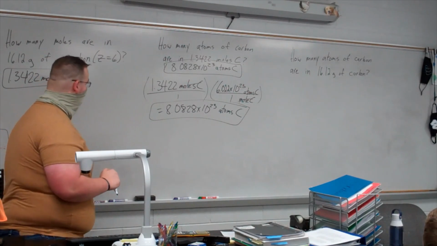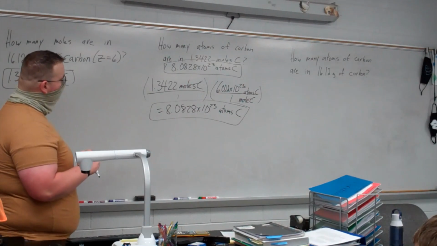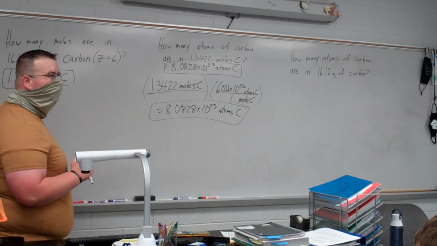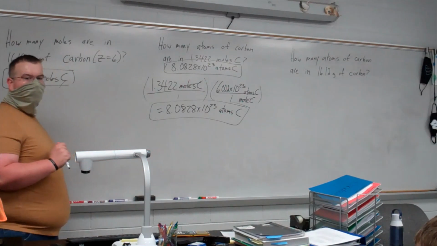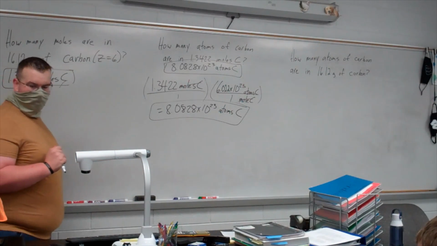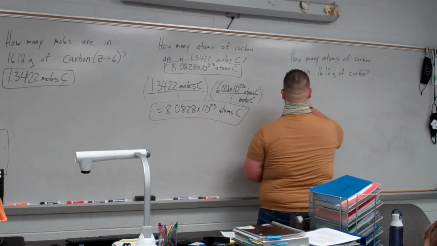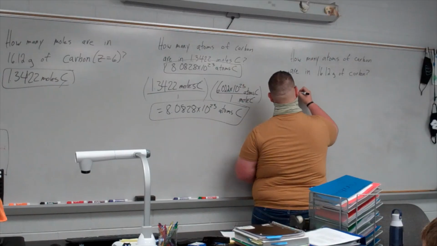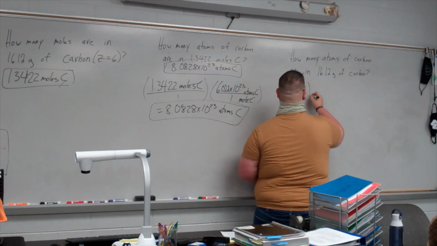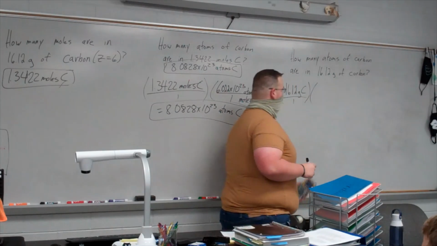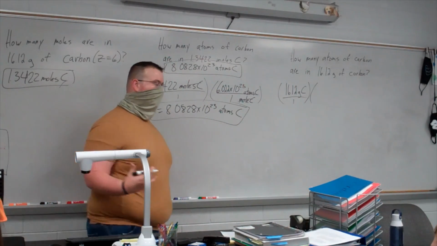You make it a problem. And this you start like we have every other one. Take what you're given, 16.12 grams of carbon, write it over 1. I can do a conversion factor set the way it is. Here's the thing, and listen, don't be ashamed if this helps you, do it.